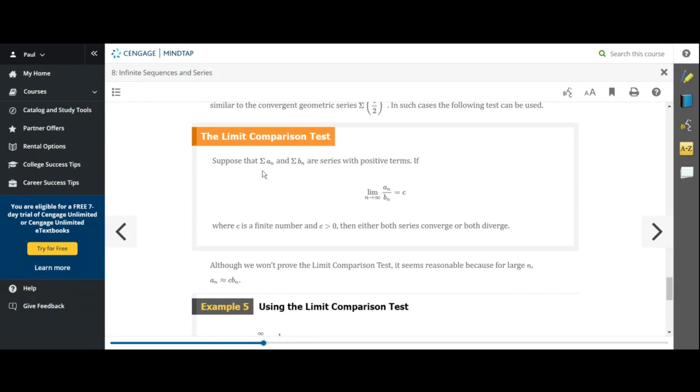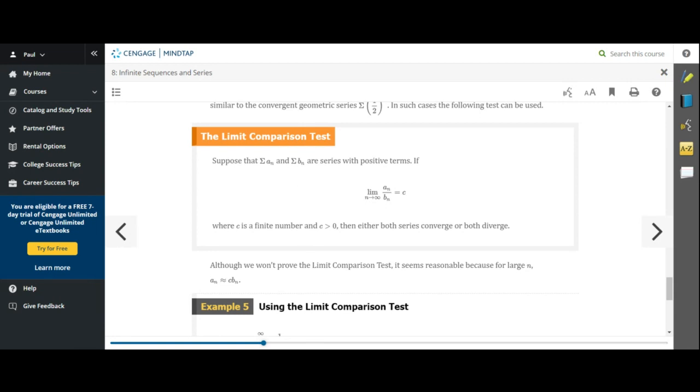So if you have two infinite series, and you were to study the ratio of the terms of the series as n goes to infinity, and the limit of the ratio of the terms of the two series equaled a constant, where the constant's a finite positive number, then either both series would converge or diverge. That's called the limit comparison test.